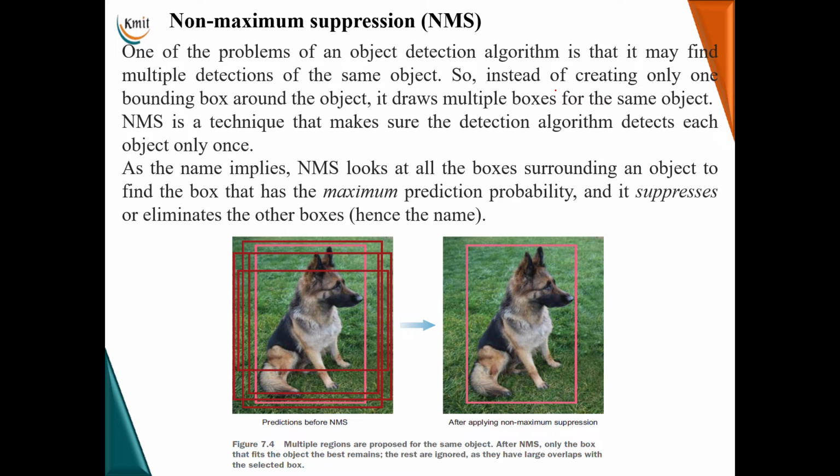So instead of creating only one bounding box around the object, it draws multiple boxes for the same object. So non-maximum suppression is a technique that makes sure that the detection algorithm detects each object only once. The main aim of this NMS technique is to reduce the bounding boxes and convert those 5 or 6 bounding boxes to only a single bounding box when we have only one target available.